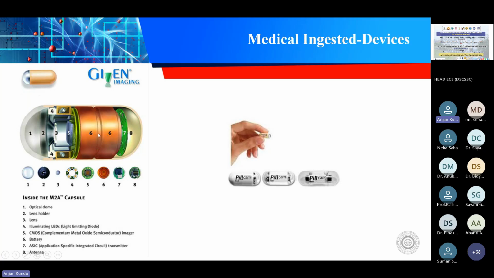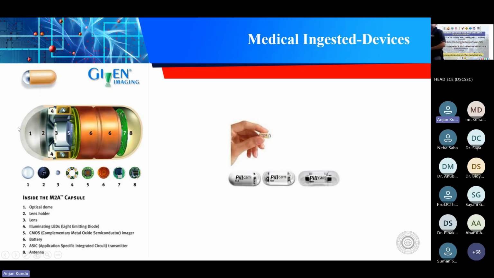It will power the transmitter, and this is the board. It is a single-use capsule. After 6 hours, it will pass through your digestive system and pass out with the stool. The PillCam generally charges around 30,000 for this capsule only. It has been developed in the US, actually.